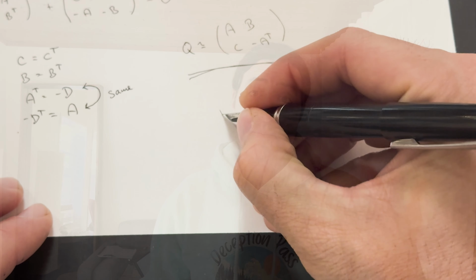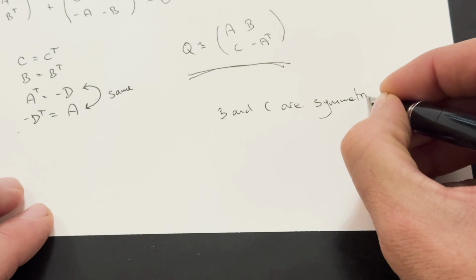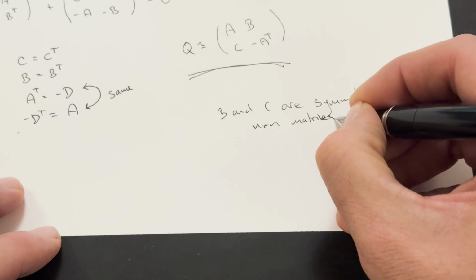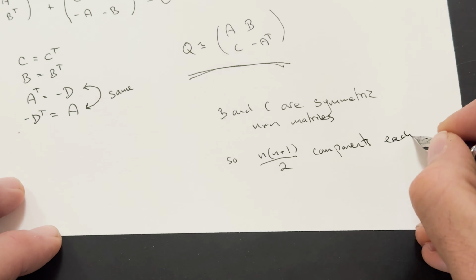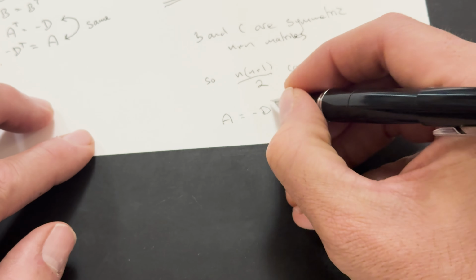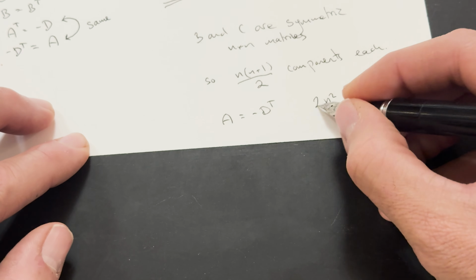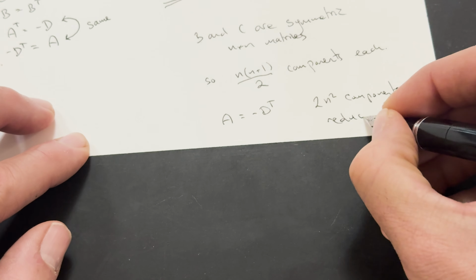Let's do some dimension counting. So B and C are both symmetric matrices, which means that they each contain n times n plus 1 over 2 linearly independent components. And then A and D are in principle just n by n matrices. Those would give us 2n squared contributions, but they're related. They're related by the fact that A is equal to minus D transpose, so that cuts half of those linearly independent directions.